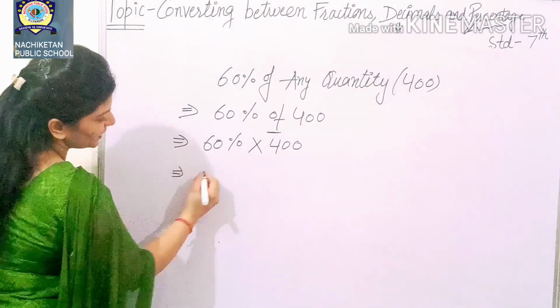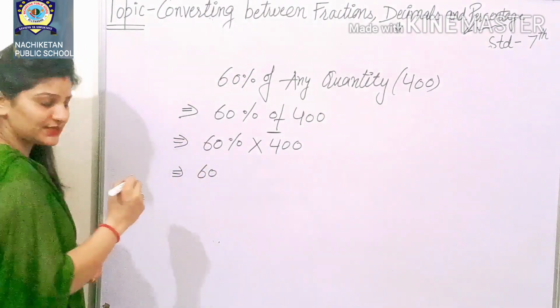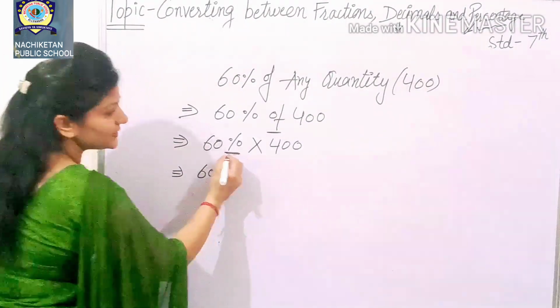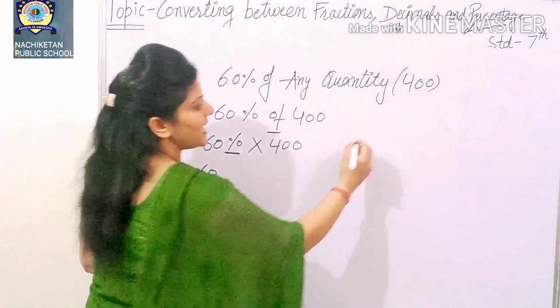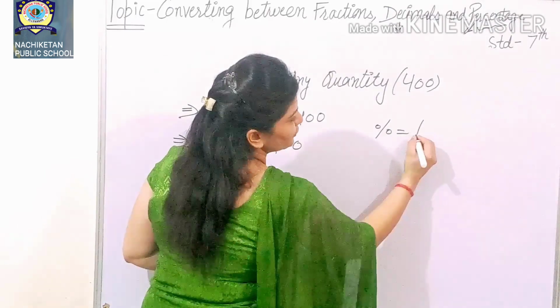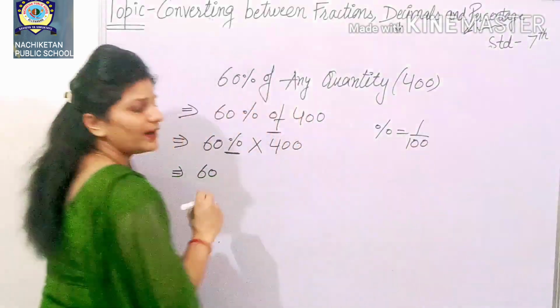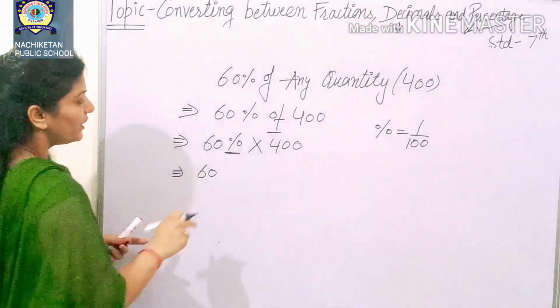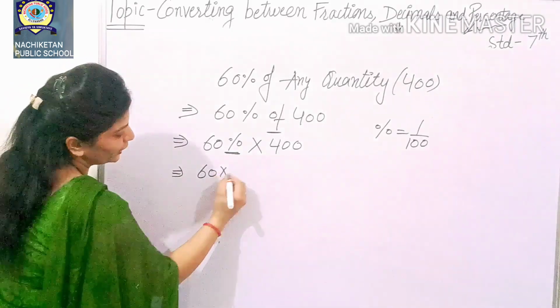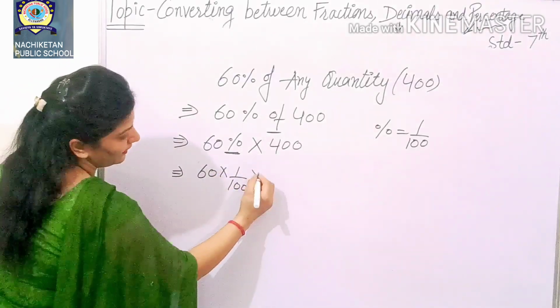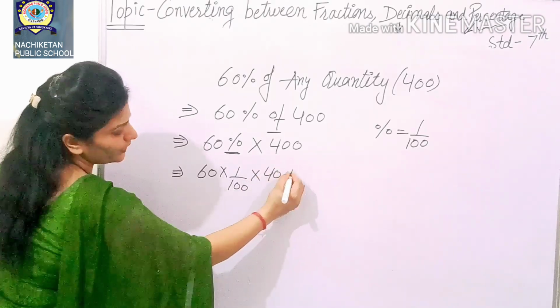In the next step, 60. Same as it is. Here the sign is percentage. And what I told you, percentage always denotes 1 upon 100. This thing I told you. Now, I can open this percentage into 1 upon 100. Multiply, that is 400.